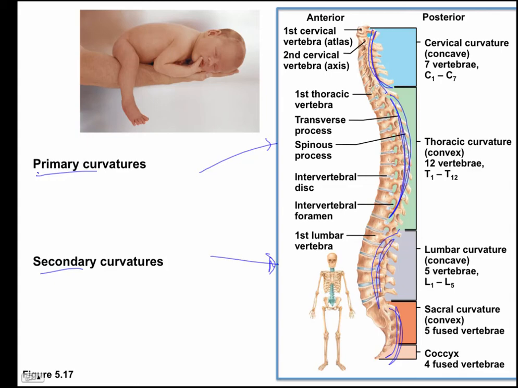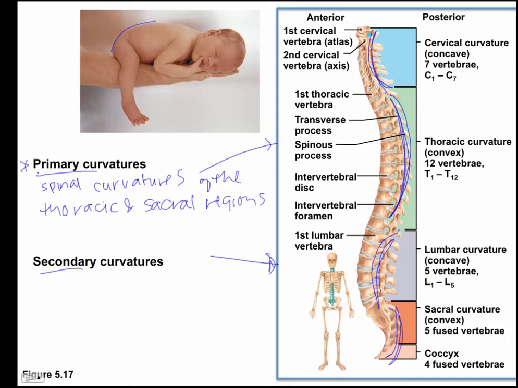Now, primary curvature, this deals with the spinal curvatures of both the thoracic and sacral regions. This primary curvature is the initial curvature we have at birth.